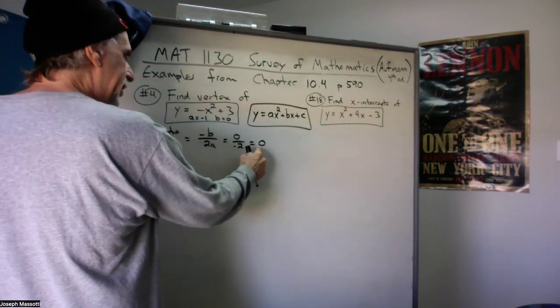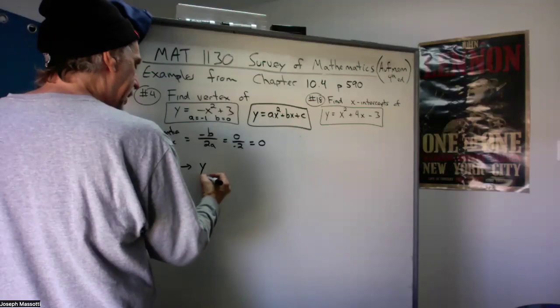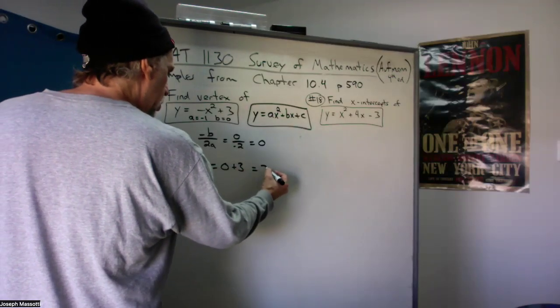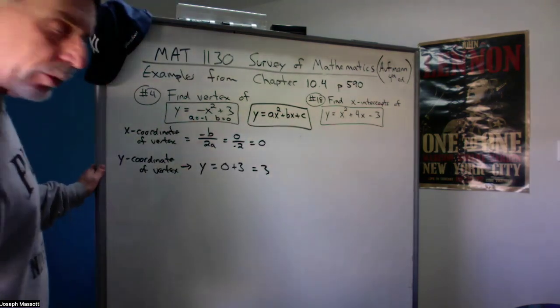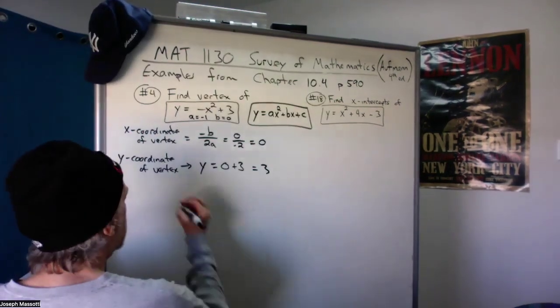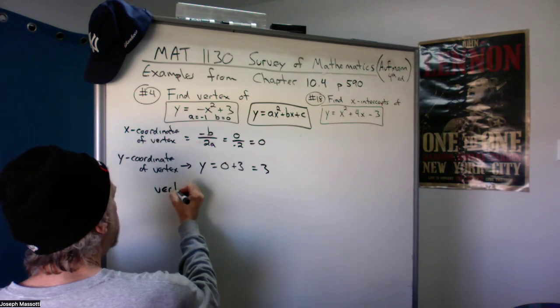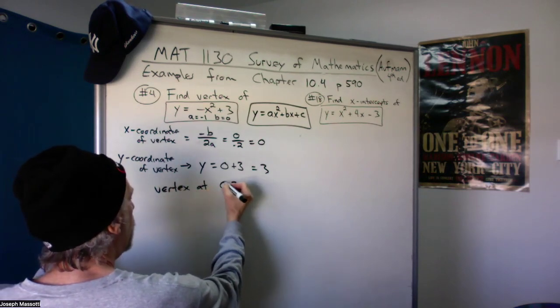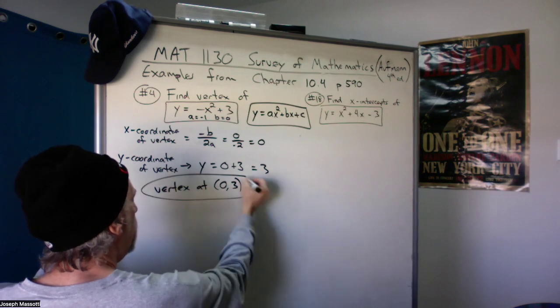Right? So when x is 0, y is going to be 0 plus 3, or 3. So there we go. There's our vertex. Our vertex is at the point 0, 3.